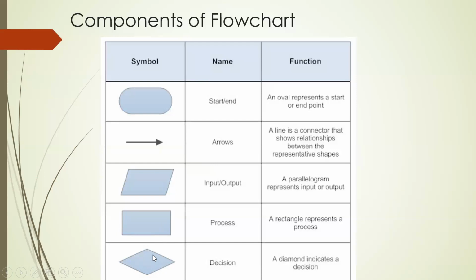Next, if we want to show any decision, let us suppose we are saying that if a candidate has an age greater than 18, he or she is eligible for casting the vote. Otherwise, he or she will not be eligible for casting the vote. So if we have to take some decision and represent it, then we use a diamond shape. We'll discuss the usage of each and every component in the coming slides.